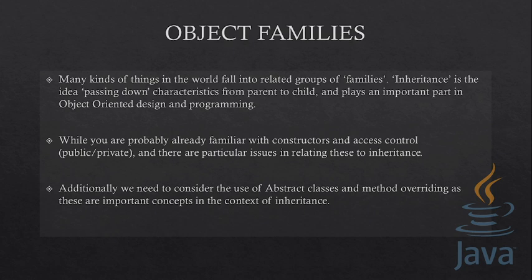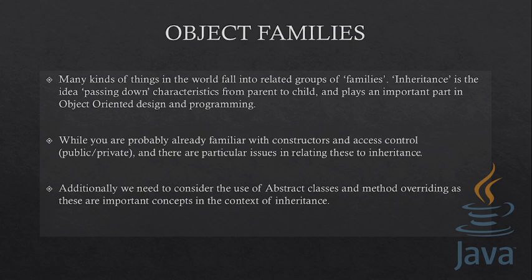That can be physical characteristics, or financial characteristics, or other things. Yes, those belong to your parents, and now you have access to it. And this plays an important part in object-oriented design and programming. So this principle is being followed in OOP.